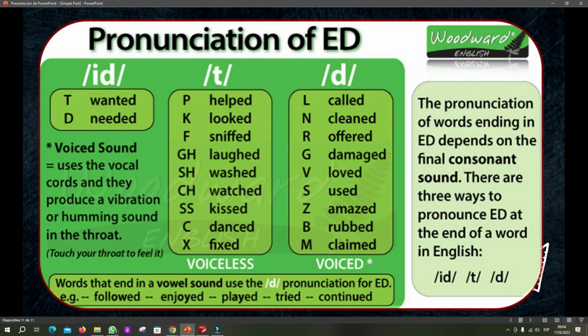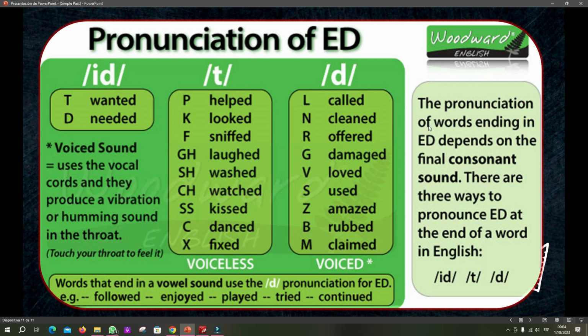Este es en el caso de los verbos regulares. Los irregulares cambian totalmente y pues la pronunciación igual es diferente. Pero en el caso de estos verbos que todos terminan en ed, aquí tenemos las tres diferentes pronunciaciones que esos verbos tienen, ¿ok?